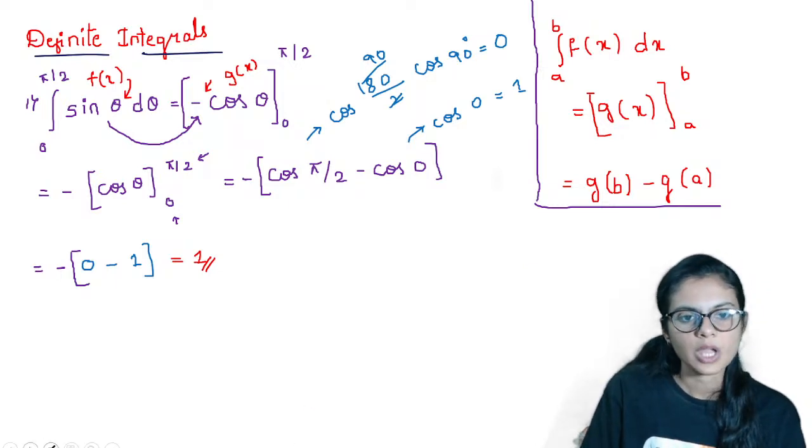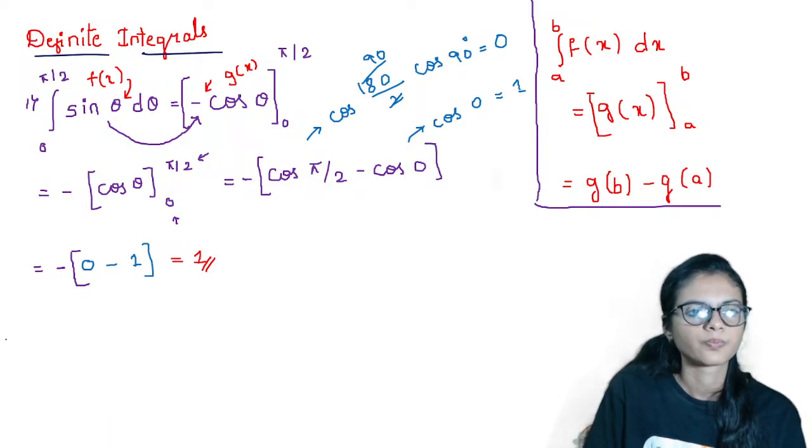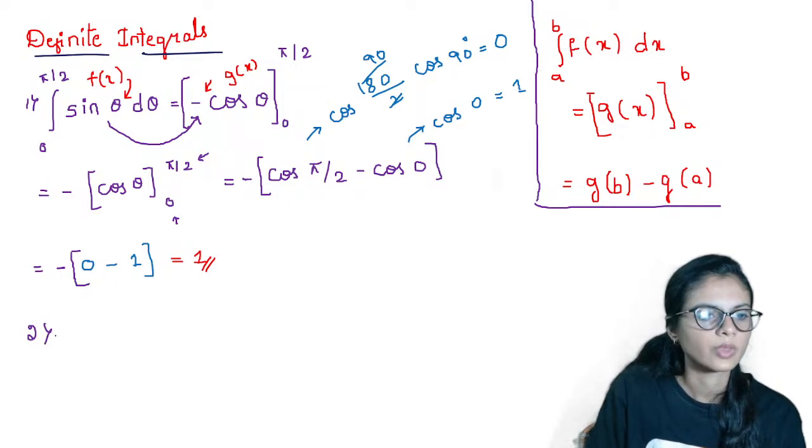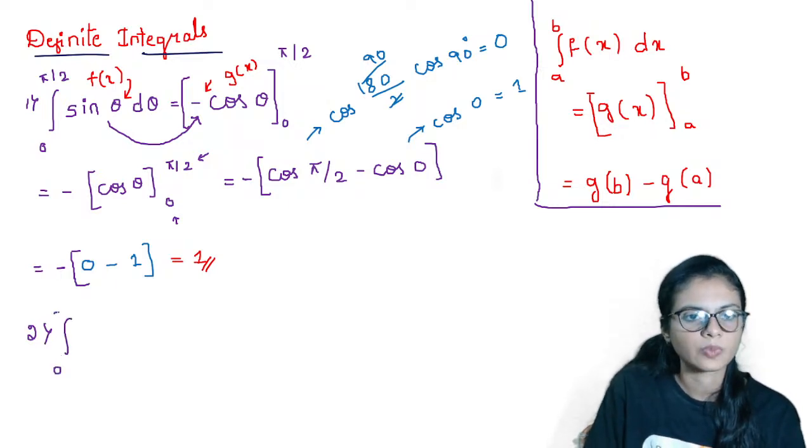Okay. Now let's solve another example problem. Integration from 0 to pi, nothing but 0 to 180, of cos theta d theta.